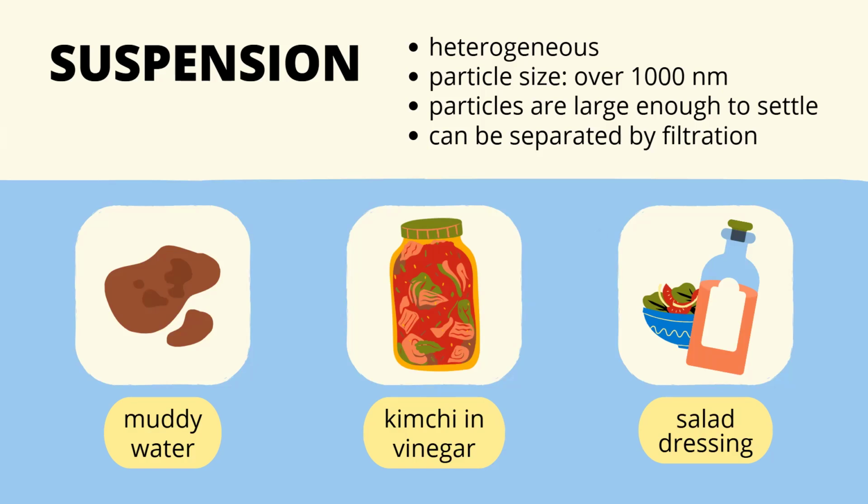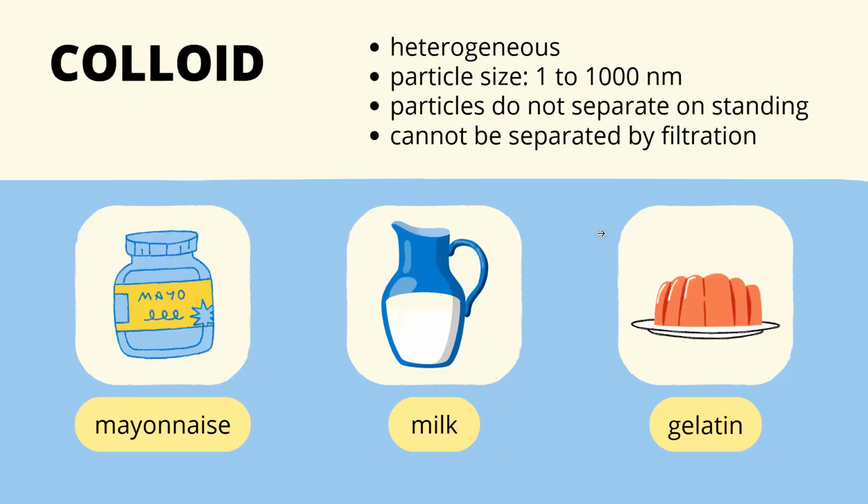Okay, let's take it one more time. So a colloid is a heterogeneous mixture. Are you there? Yes, sir. Good. Heterogeneous means that the composition is not the same throughout. Now, why did we say it is heterogeneous? Have you come across, for instance, a can of mayonnaise or a bottle of milk or a can of jelly, where as you were eating it, you came across some lumps that are contained inside?